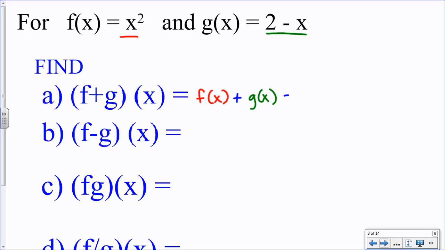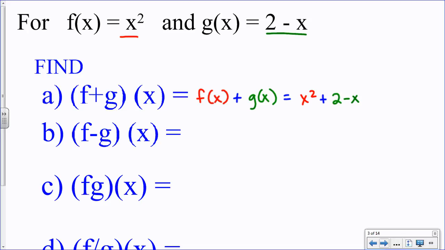So f of x is x squared. G of x is 2 minus x. So when you're adding functions together, you don't need parentheses. All you're doing is combining like terms.